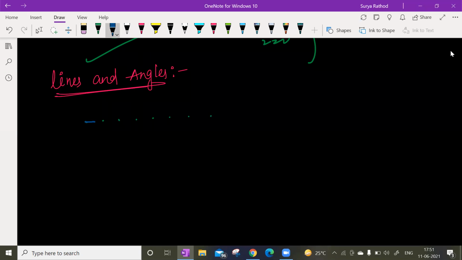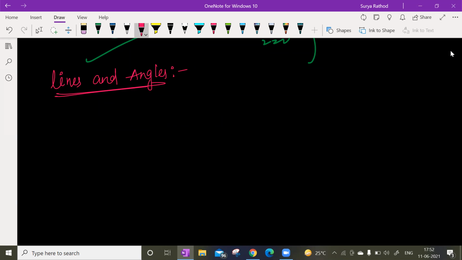If I collect all these points together, this is going to be called a line. On each and every line there could be infinitely many points like this, all these points together making a line. If you join all these points together, I'm going to get a line. So this is what you might have learnt.